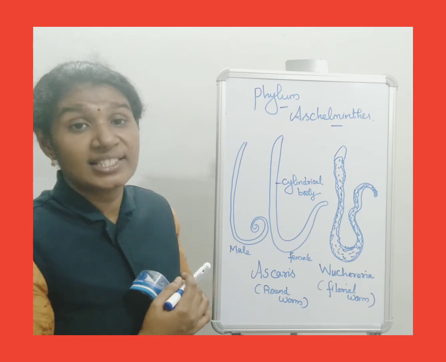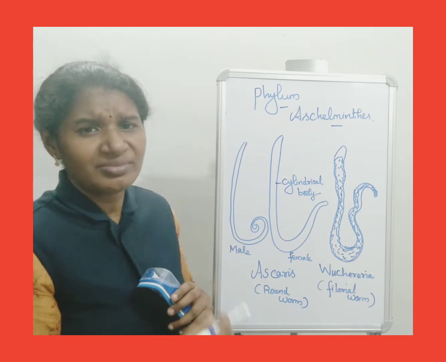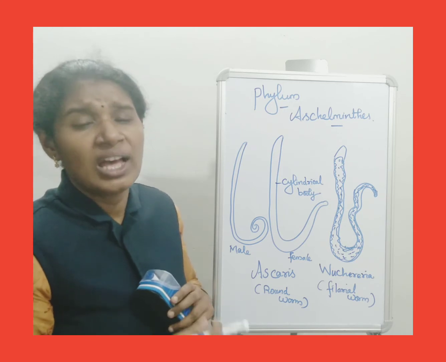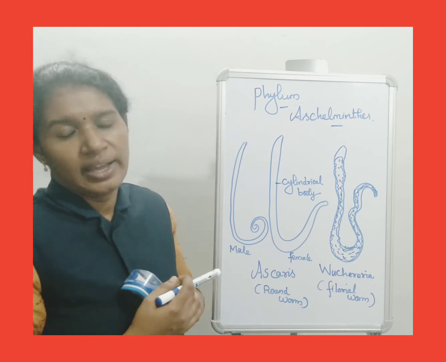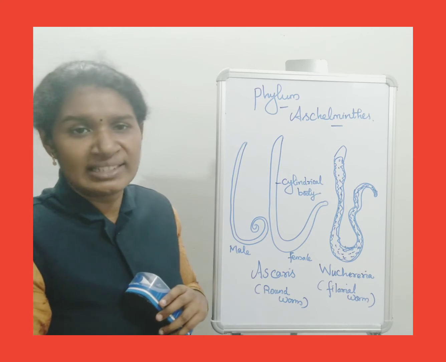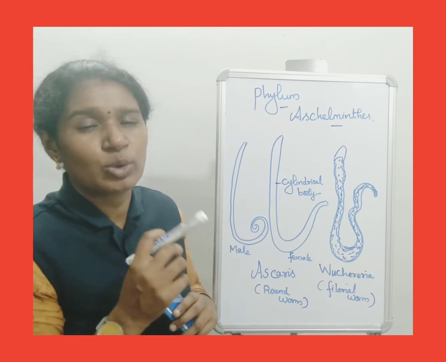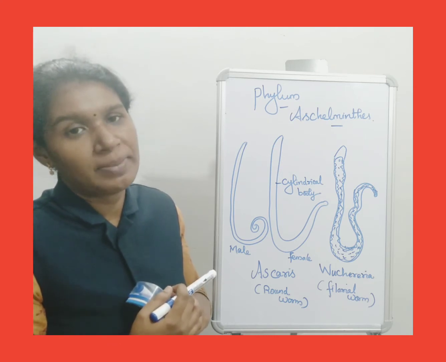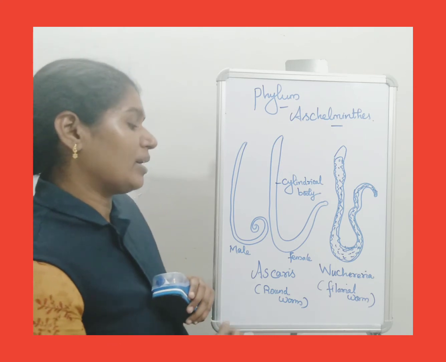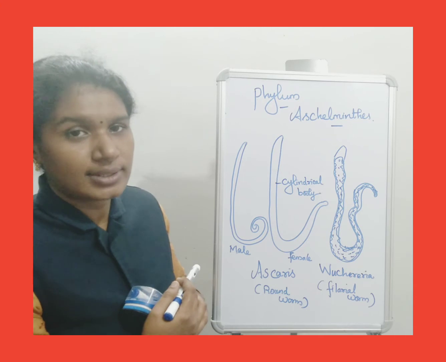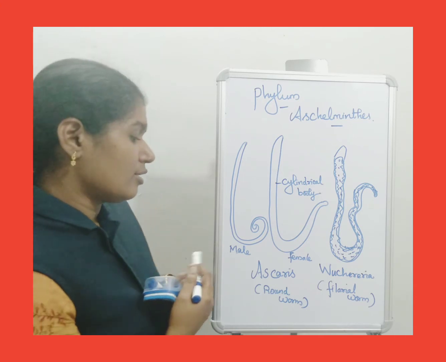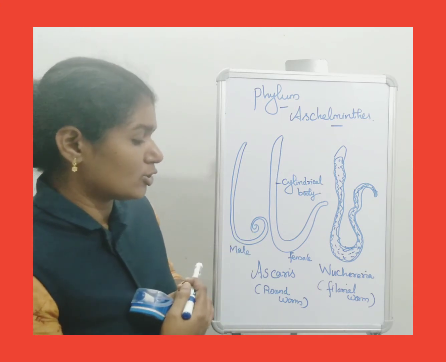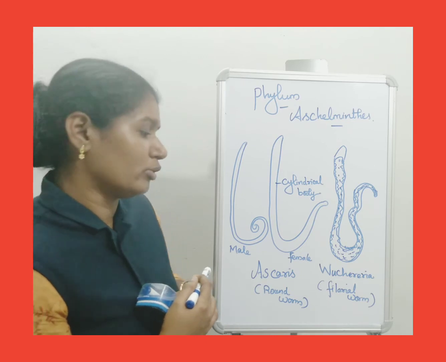That is Ascaris lumbricoides. It creates problems such as abdominal pain, cramps and pains in the intestinal area. These problems occur in the stomach. It causes the disease called ascariasis. So Ascaris has one more name, roundworm.